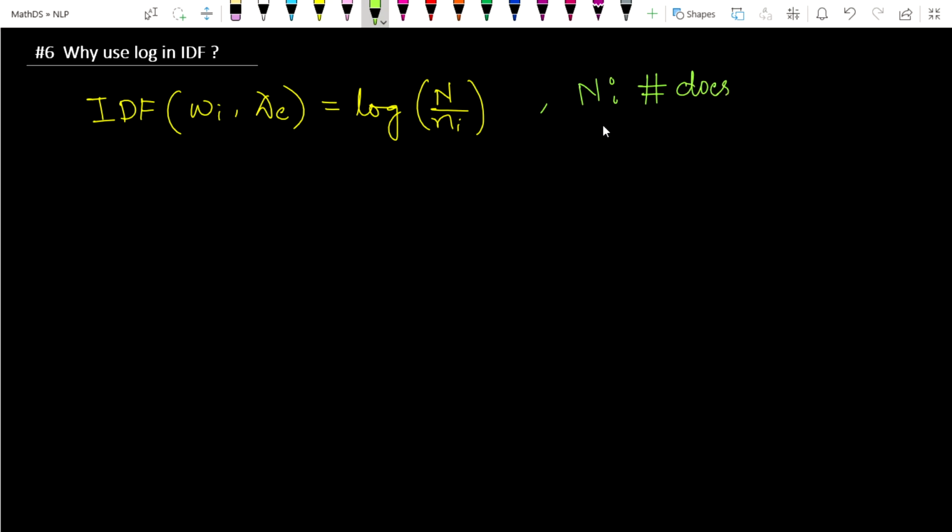And small ni is the number of documents which contain the word wi.